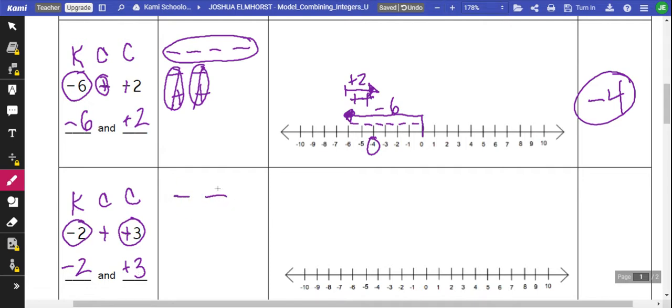So -1, -2, 1, 2, 3. Starting at the first integer on the number line, we're going to go -1, -2, and then we're going to turn around and go in the positive direction. 1, 2, 3.